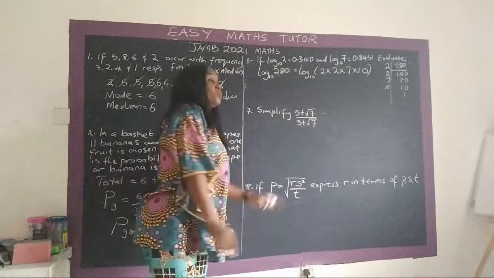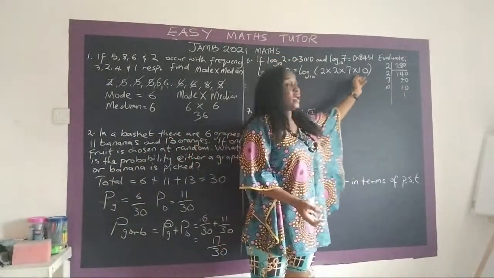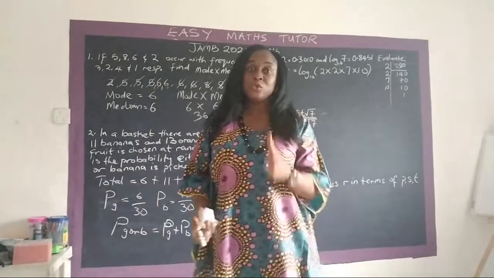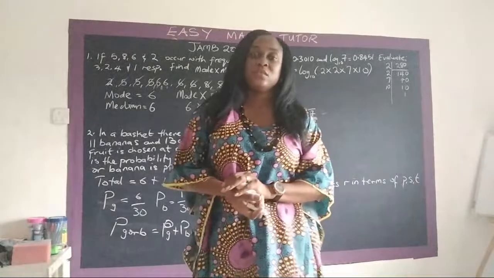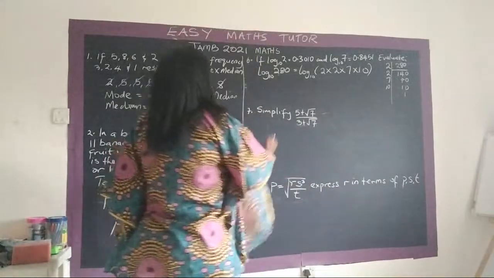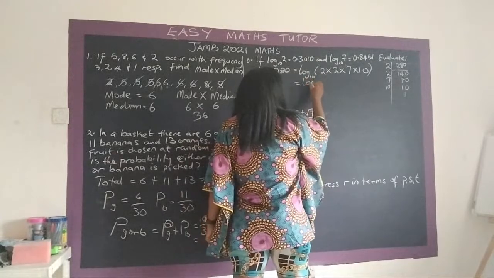So you know the law of logarithms: when a logarithm is multiplied, you can break it down, in base 10 or whatever base it is, with an addition sign. So let's do that. First, we break this down further.